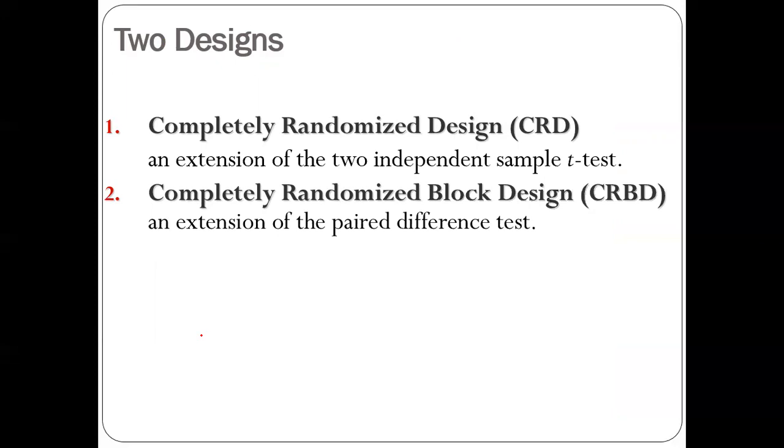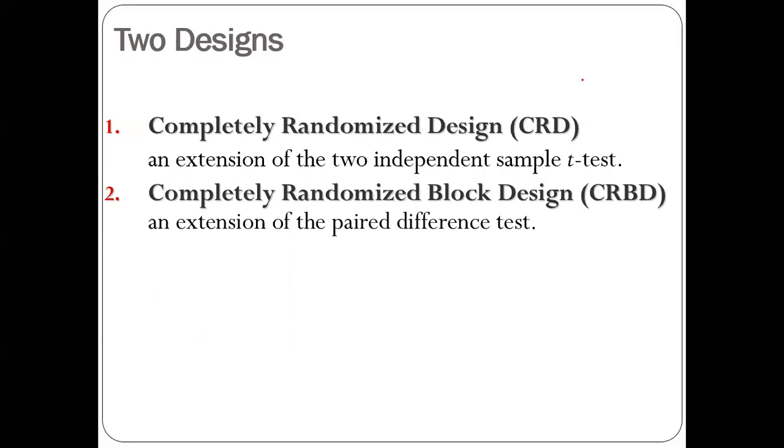So the first one is the completely randomized design, or CRD. CRD is also known as one-way ANOVA, and the completely randomized block design, or CRBD, is referred to as two-way ANOVA.